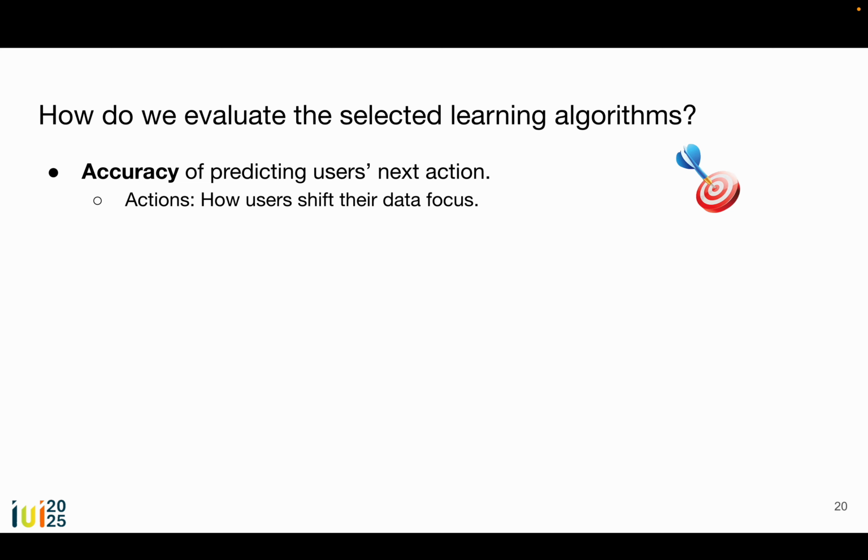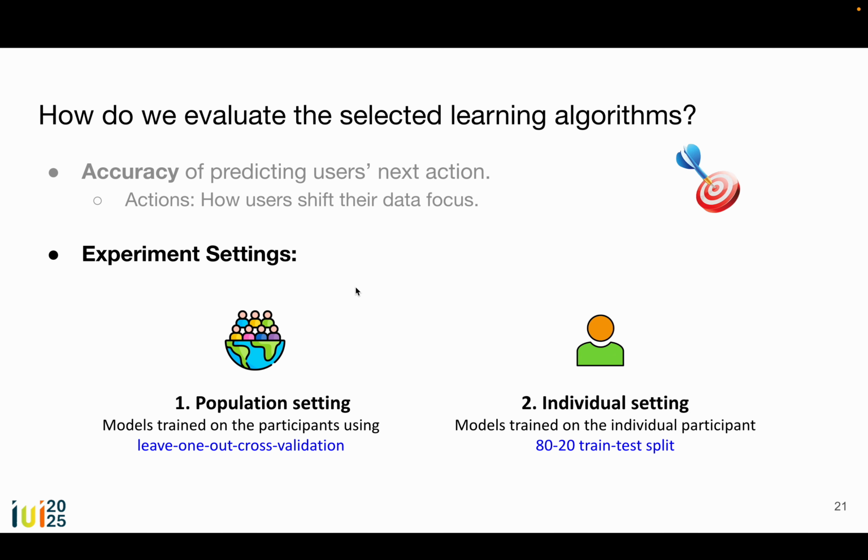Now, how do we evaluate the selected learning algorithms? We try to find the accuracy of these algorithms in predicting users' next action, where the actions are how users shift their data focus. And we evaluate these algorithms in two different experiment settings.